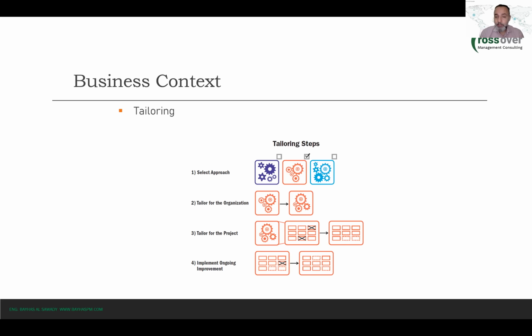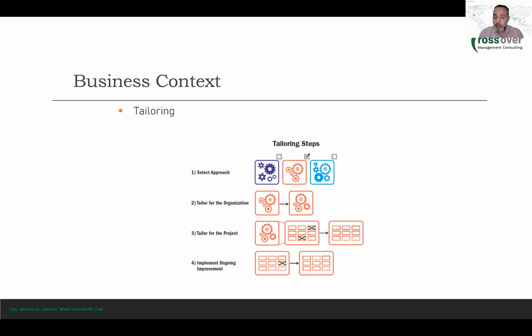So basically, according to the project size, complexity, and need, you tailor your approach again. You select the right documents or artifacts that you want to use with your project management approach. You select the right tools. You select the right processes.